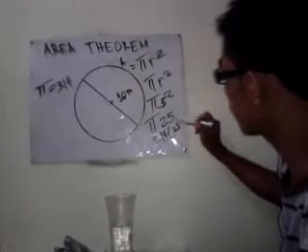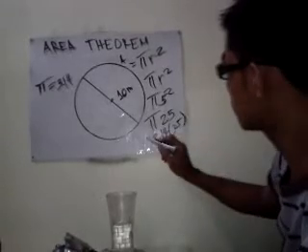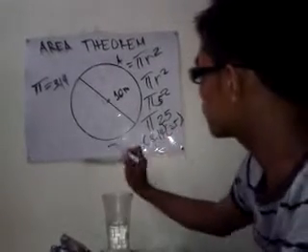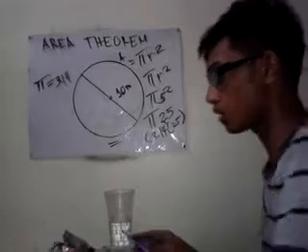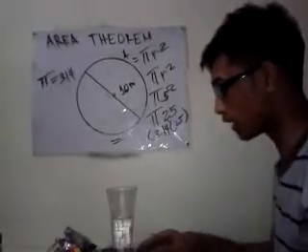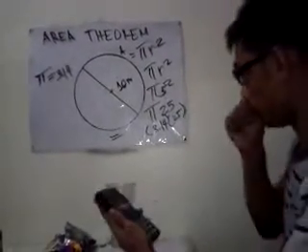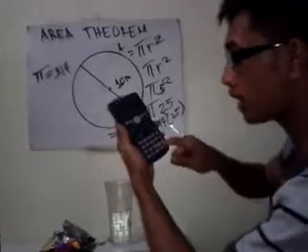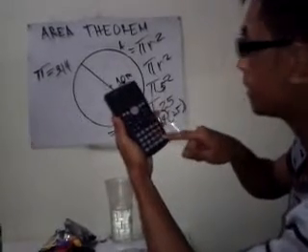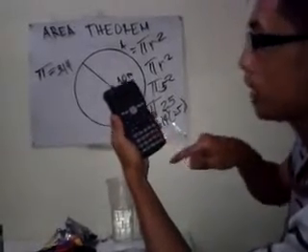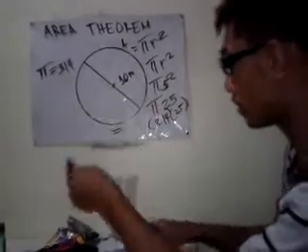3.14 times 25, I'm going to use a calculator so that there is less error. 3.14 times 25 will give us 78.5.